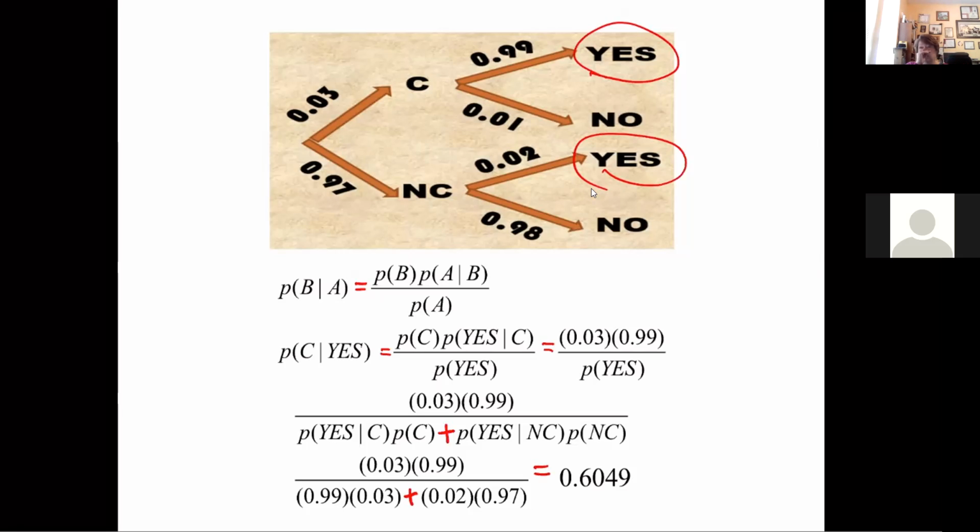And so then I can figure out the probability that I have cancer given that I got a yes, and that's 0.6049. So that's actually kind of reassuring that it's only 60% of the time that you actually have the cancer if you tested yes. That means 40% of the time you don't. So that's kind of a nice probability to find.